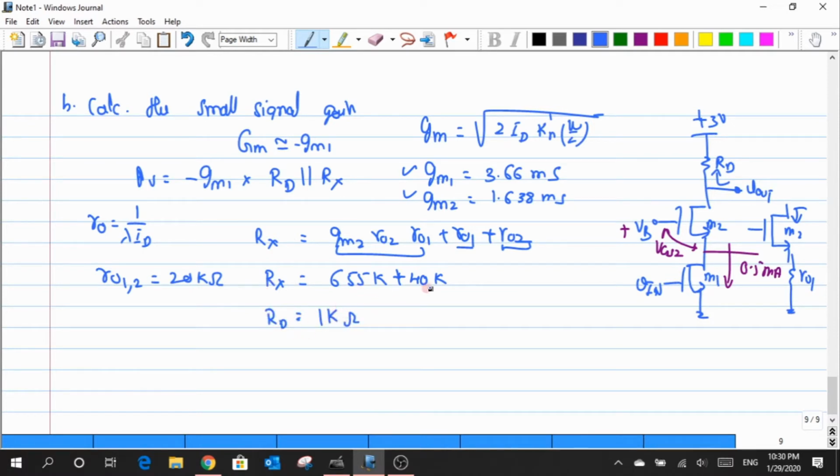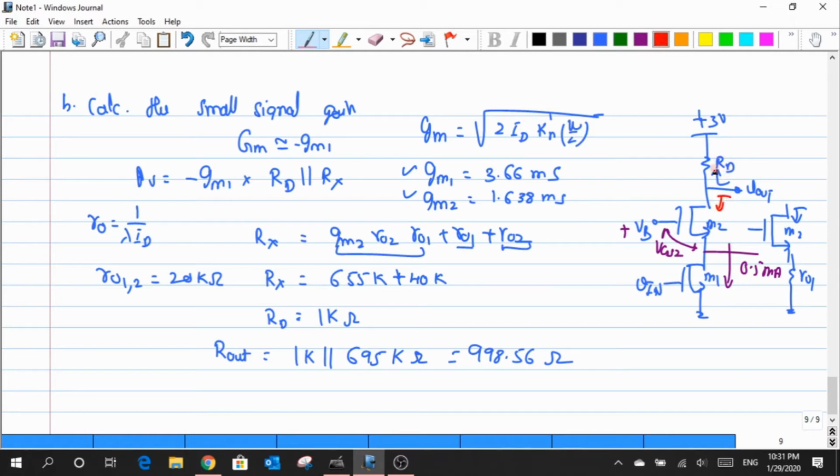So I have this huge resistance in parallel with a 1k resistor. So 1k in parallel with 695 kilo ohm turns out to be around 998.56 ohm.